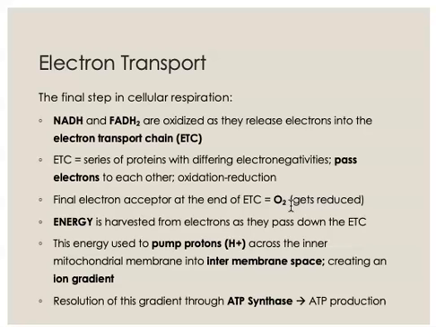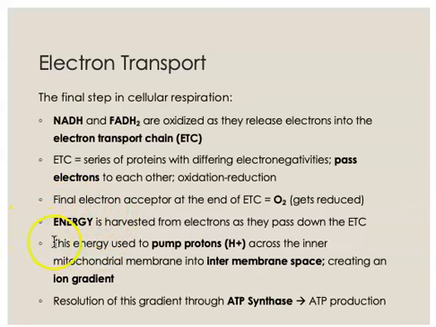Now, why do we bother passing electrons down through this electron transport chain? Why not just have the electron carriers hand the electrons directly to oxygen? Well, the answer is that the electron transport chain is capable of harvesting the energy out of these electrons as they pass down the chain.